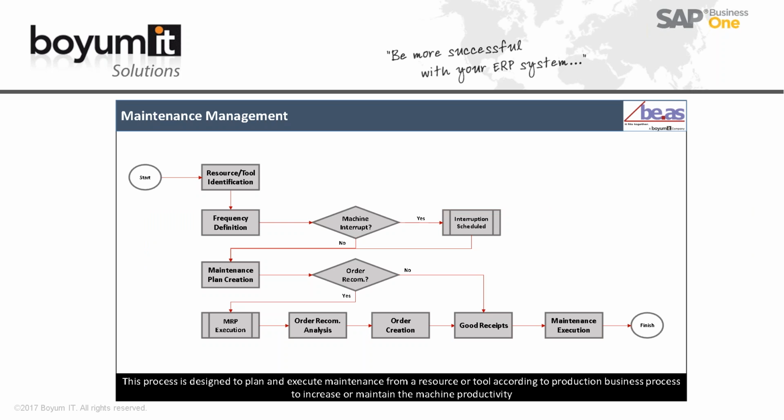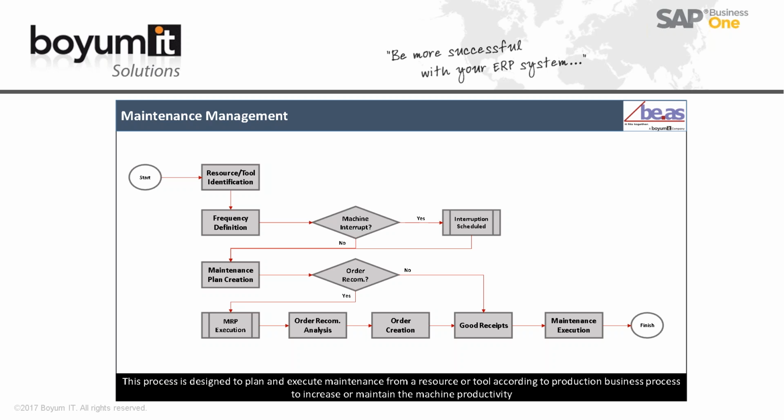If we have a resource or a tool that needs maintenance, we can plan it and schedule it in the system. First, we identify it. Then we define how often we should do it. If the machine will be interrupted, it will also automatically create the schedule for the resource that is going to be interrupted.